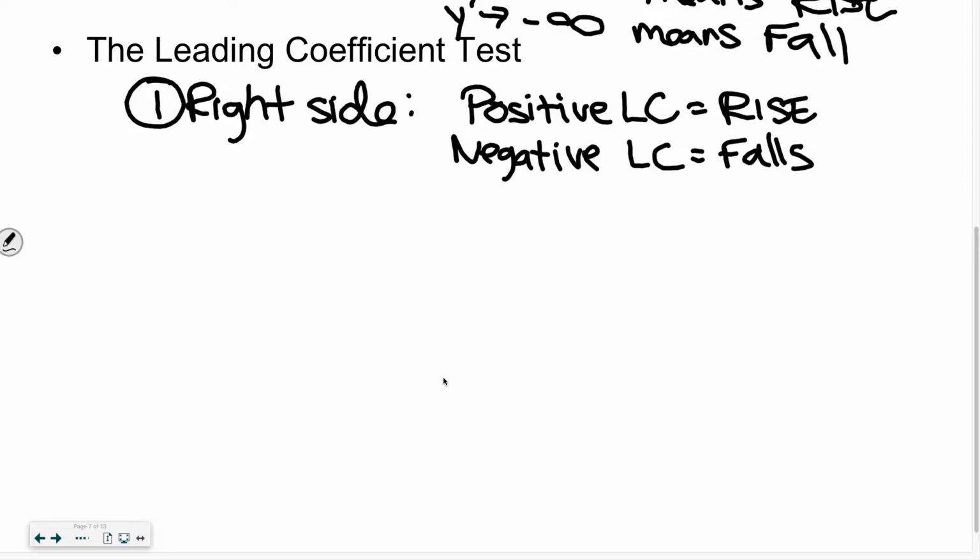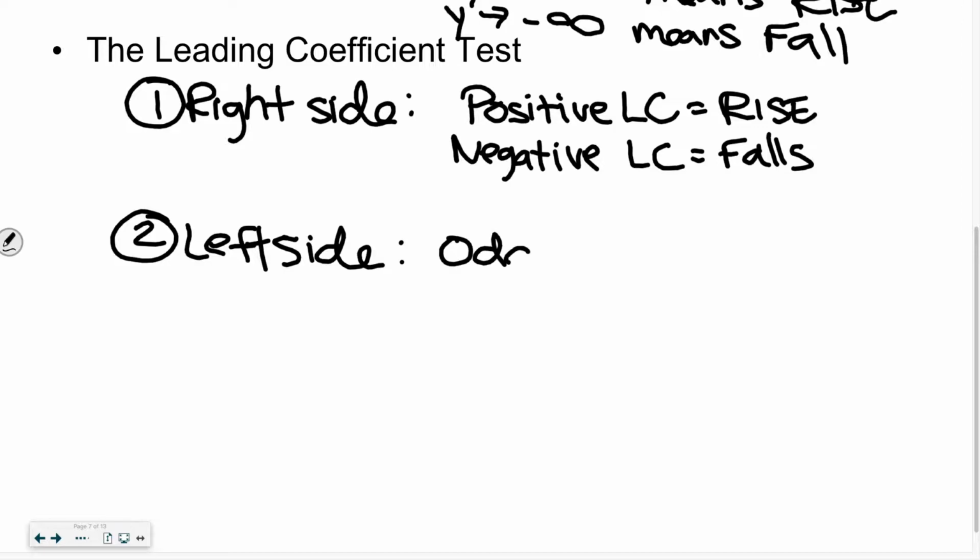Now, step 2, you're going to do the left side. It's called the leading coefficient test. You look at the leading coefficient for the first part of it to determine what the right side does. But for the second part, you're going to look at the degree. If it's an odd degree, the left side is opposite.